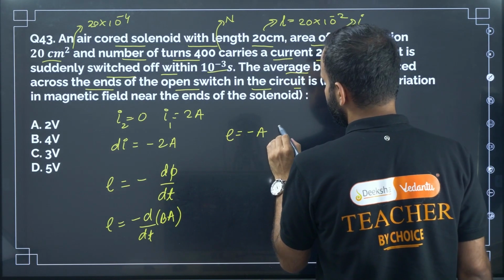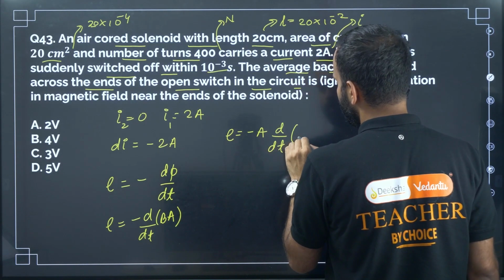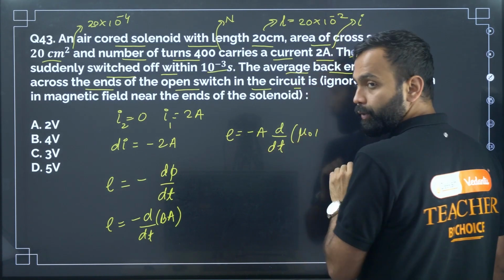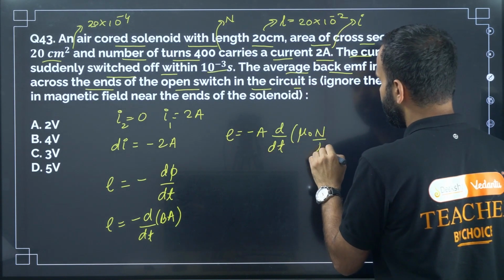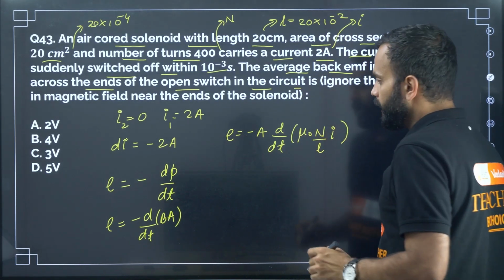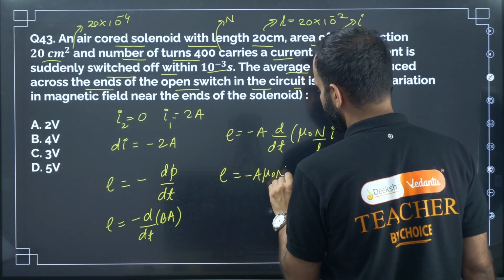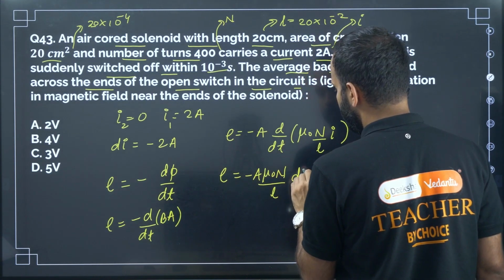So now d by dt of mu naught small n into I, that is capital N divided by L into I. Mu naught N divided by L is constant. So E equals minus A mu naught N divided by L into di by dt.